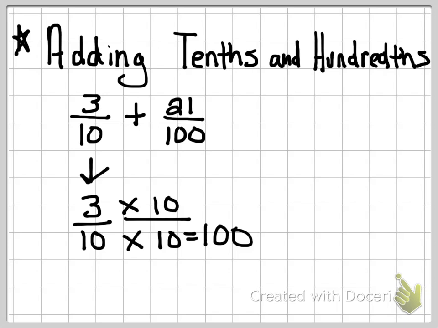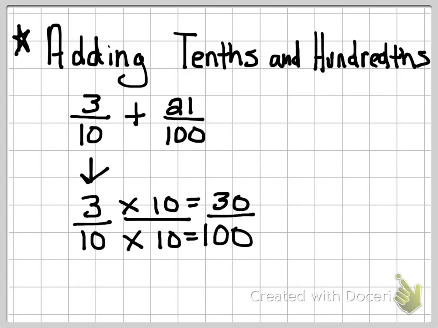Or whatever we multiply the denominator by, we must multiply the numerator by. And 3 times 10 equals 30. So 3 tenths and 30 hundredths are equivalent. They have the same value.